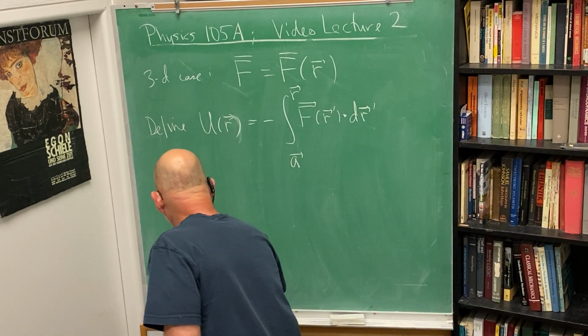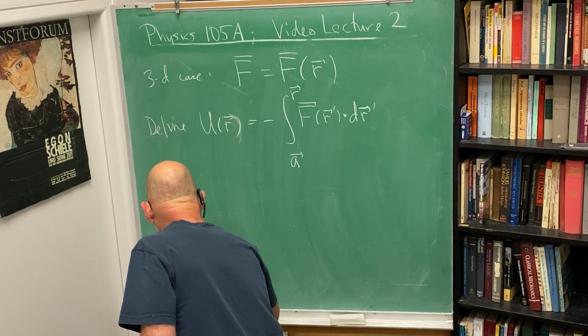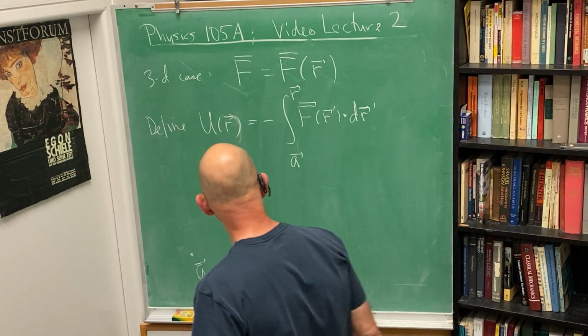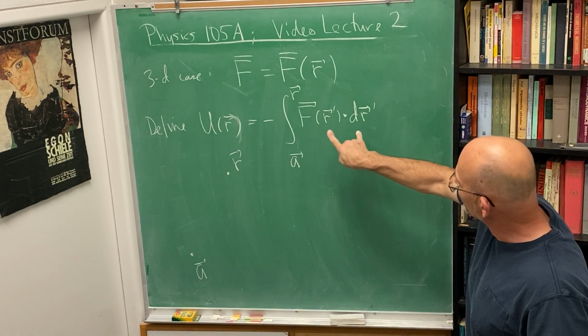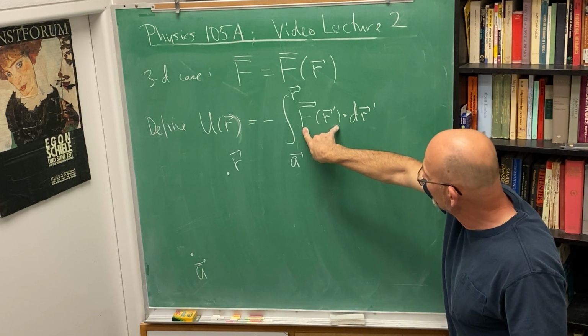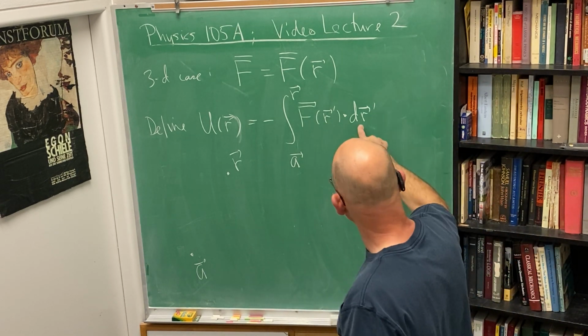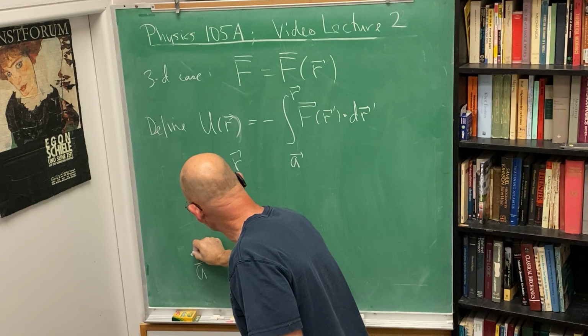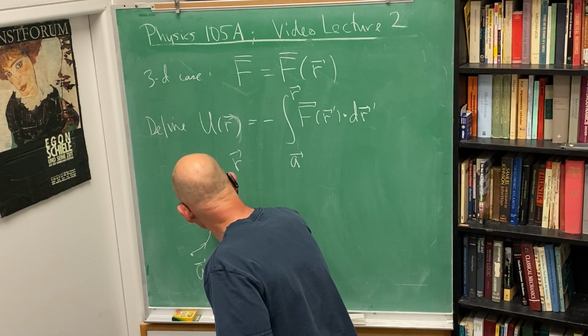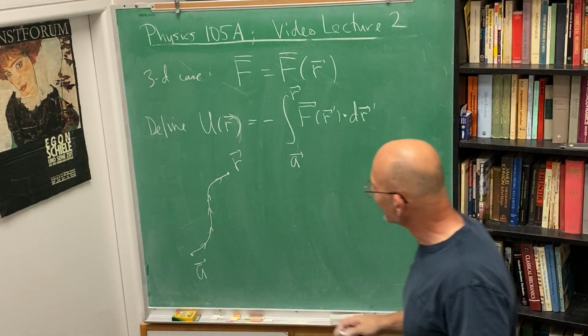We're somewhere in space, A, and here's our endpoint r, and we're integrating, you could say, the scalar product between F at various points and dr along some path. So there's our path, we started here, taking this contour, ending up at r, the end point.